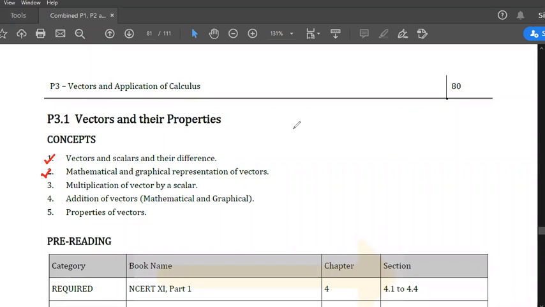We studied that vectors can be represented as a i cap plus b j cap plus c k cap, where a, b, c are the components along the x-axis, y-axis, z-axis respectively, right? i cap, j cap, k cap are my unit vectors. Then we studied multiplication of a vector by a scalar, then addition of vectors, both mathematical as well as graphical. Then we studied some properties of vectors. I hope all of you remember this.